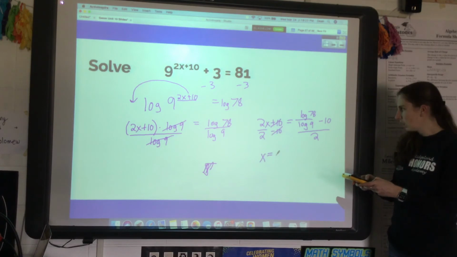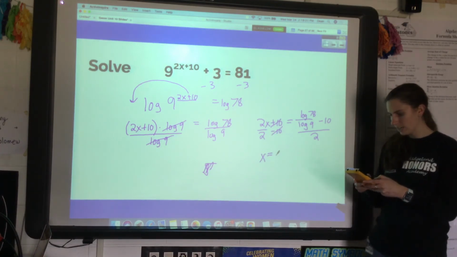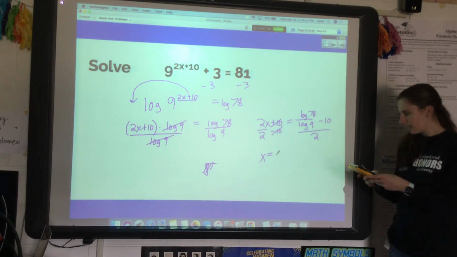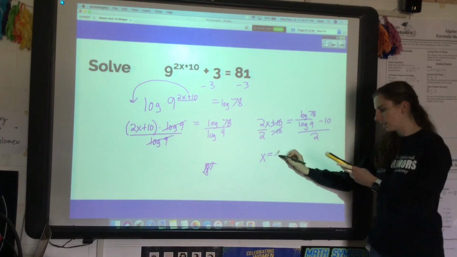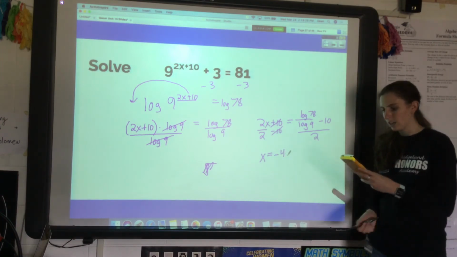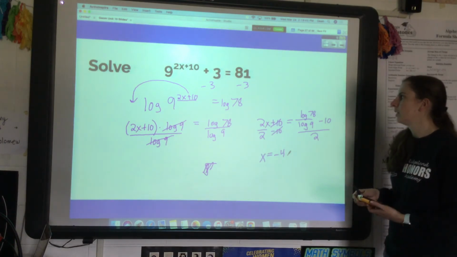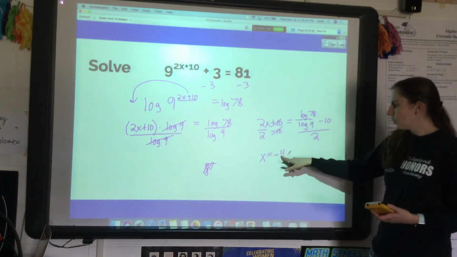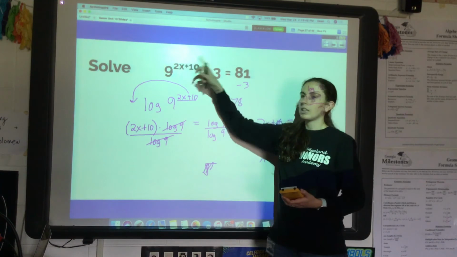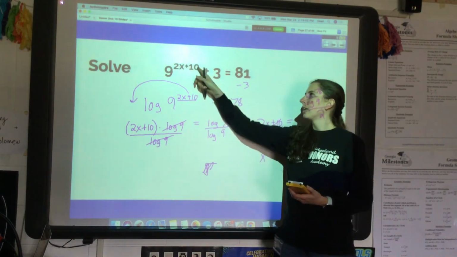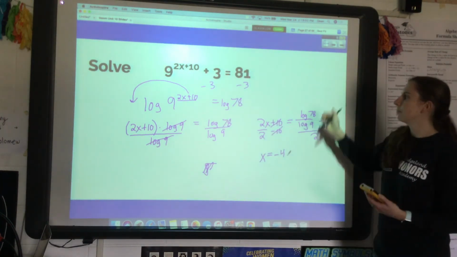So log of 78 divided by log of 9, then minus 10, and then divided by 2. And I got -4. It has a few decimals, but about -4. All right, and again, if you were to plug in -4 here, it would be close, maybe not quite, but it would be just about 81.